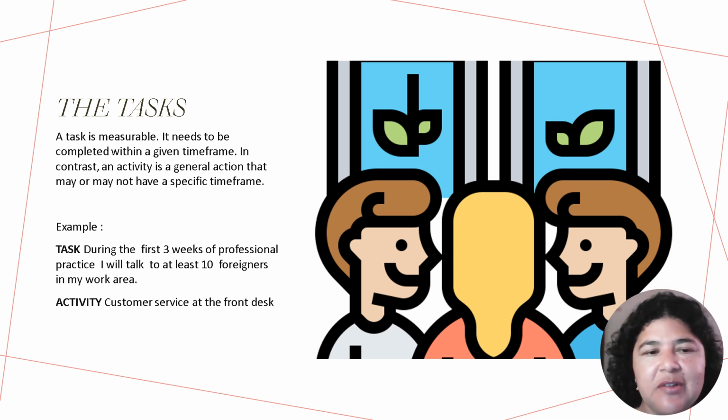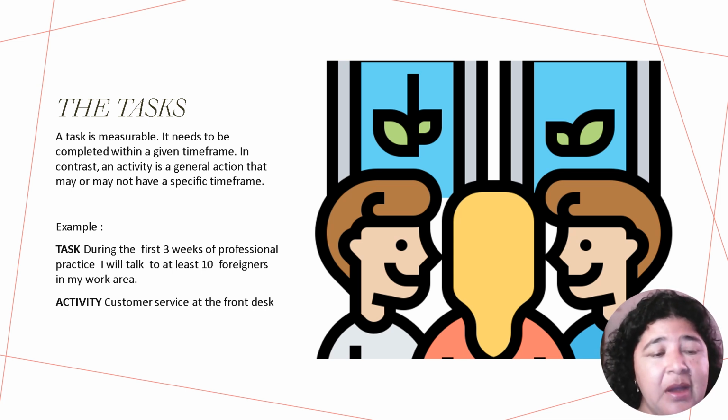The difference between task and activity is that the task is measurable. So it needs to be completed within a given time frame. In contrast, the activity is a general action that may or may not have a specific time frame.